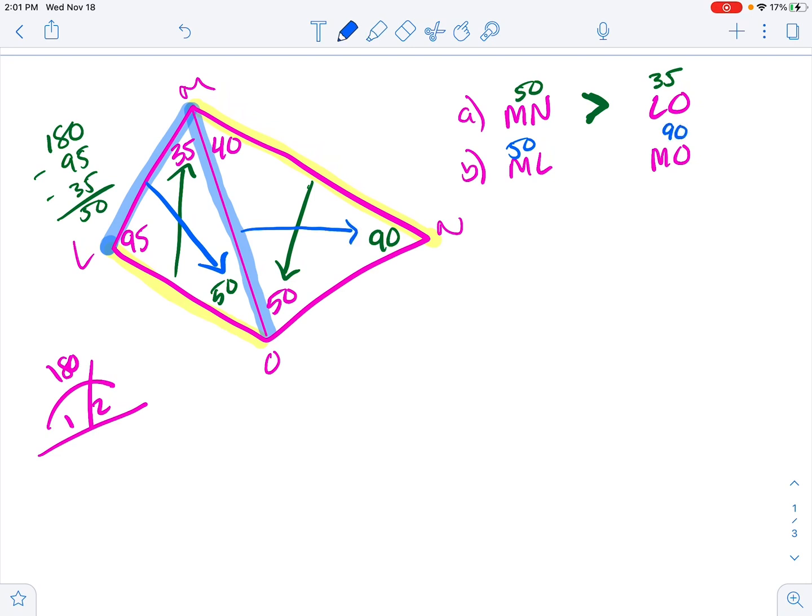Okay, so which one's bigger? The side across from 90. Okay, so that's kind of how the inequalities work. That's how you can find the range of a third side, and that's how you can tell if 3 sides make a triangle.